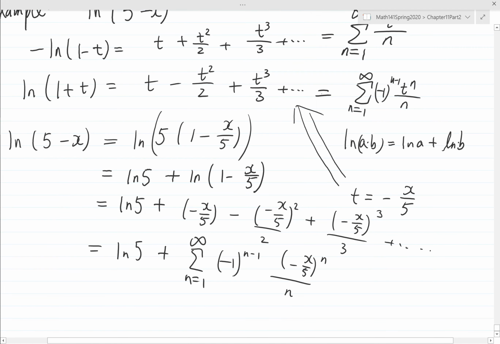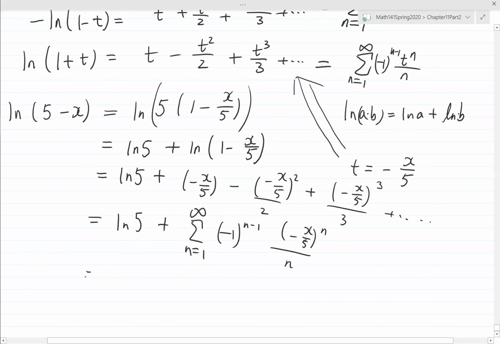Now if you simplify it a little bit, this will be ln 5 plus the sum from n equals 1 to infinity of negative 1 to the n minus 1 times negative 1 to the power n, times x to the power n over 5 to the power n, multiplied by 1 over n.